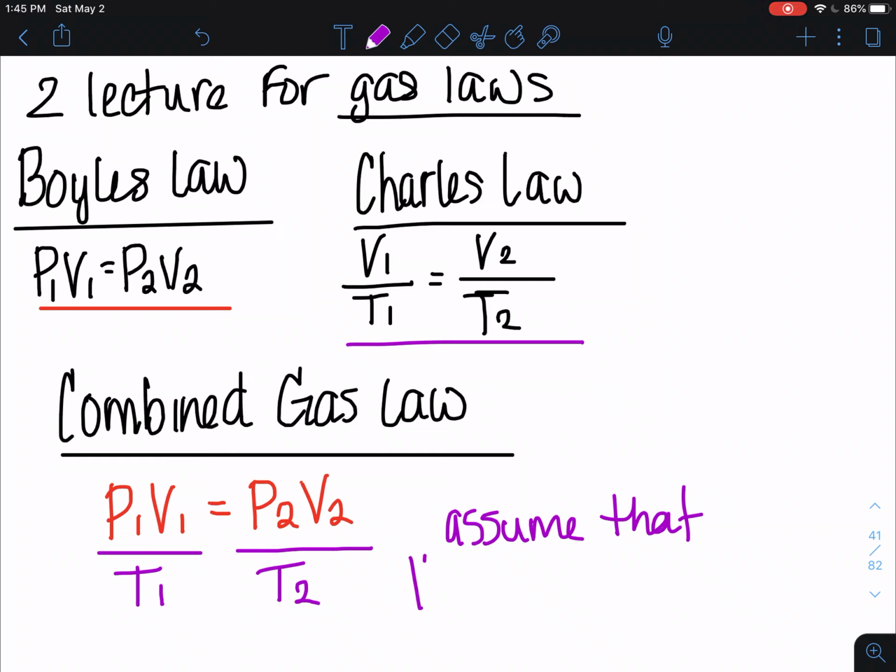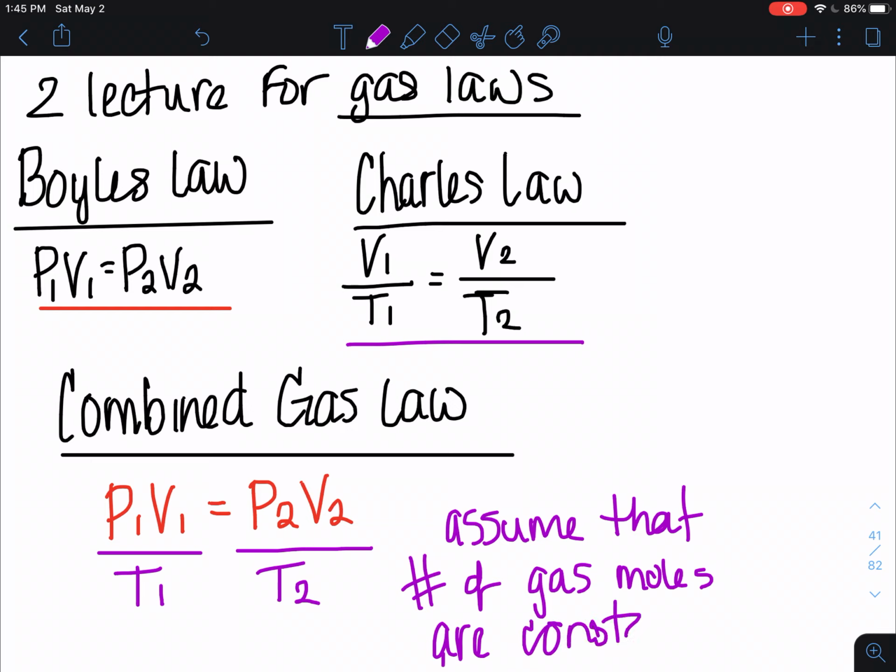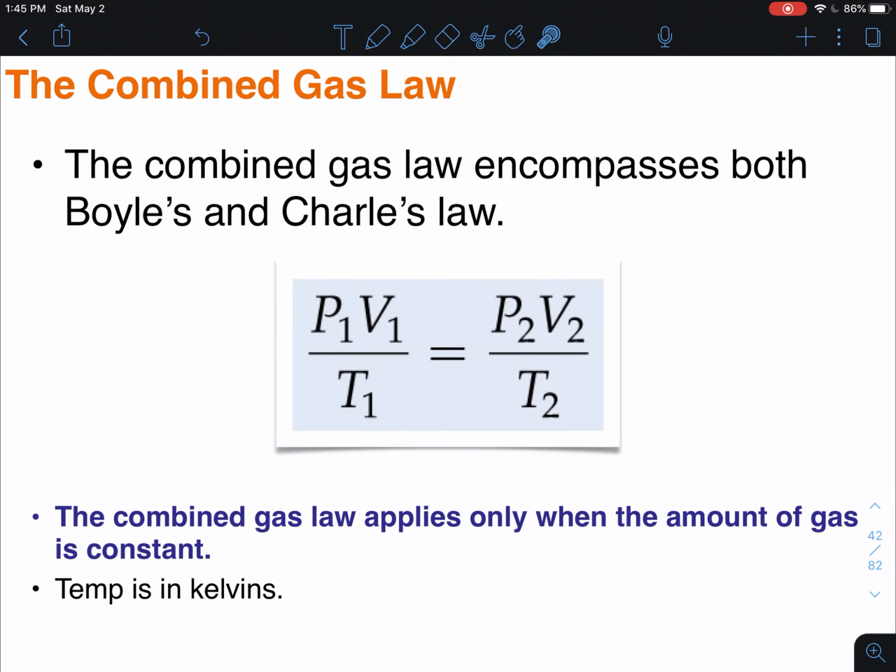What you'll notice here is that we are always going to assume that the number of gas moles is constant. So again, this is the combined gas law, and it encompasses both Charles' and Boyle's law.